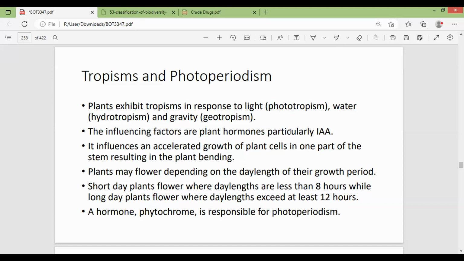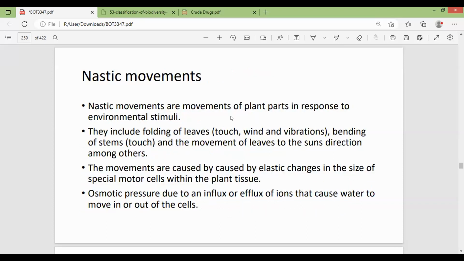We have another called chemotropism. Chemotropism is now towards certain chemicals, things like fertilizer, maybe phosphate, depending on the plant. Then nastic movements. Remember we said plants are immobile, right? Plants can't move from A to B, but they can respond to touch, wind, vibration.